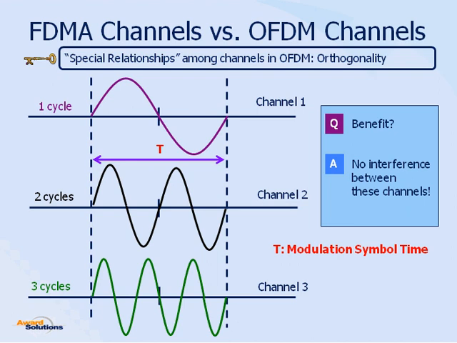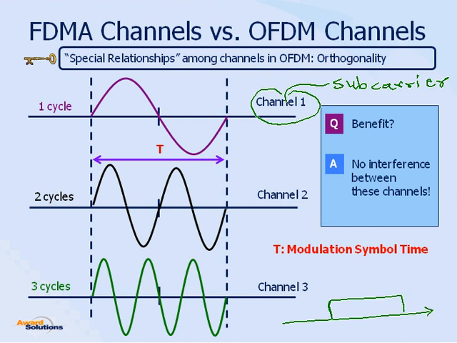Now let's start using correct terminology. Each carrier, each radio channel here, is formally called a subcarrier. Let's say I have a spectrum.